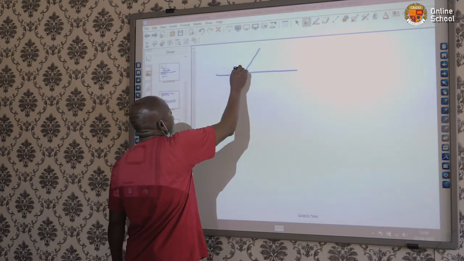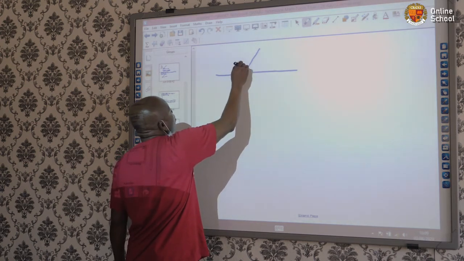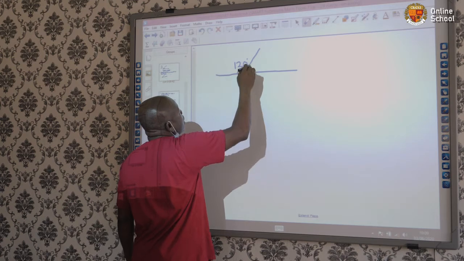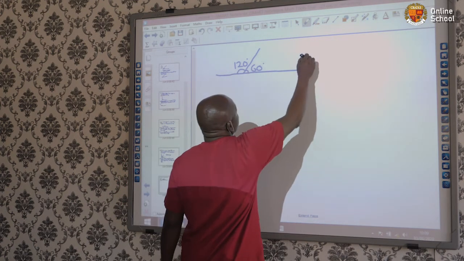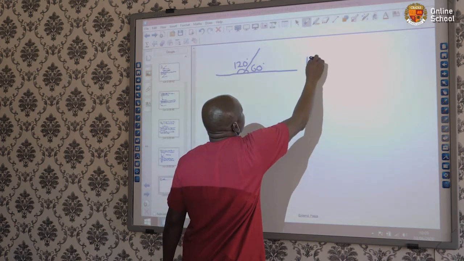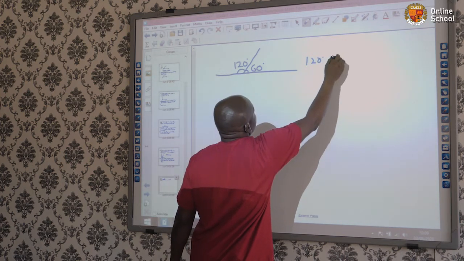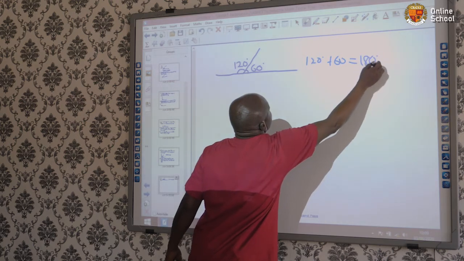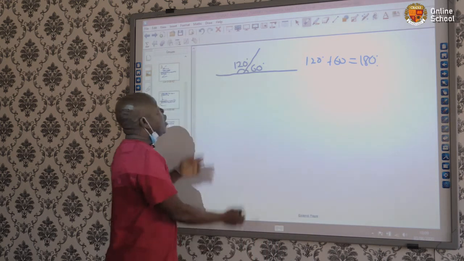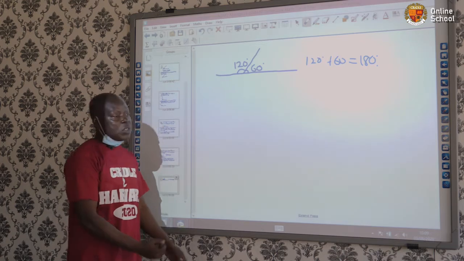Create your angle here and another one, 120 degrees, and this one is 60 degrees. When you sum them up, it gives you 180 degrees. So these are supplementary angles.